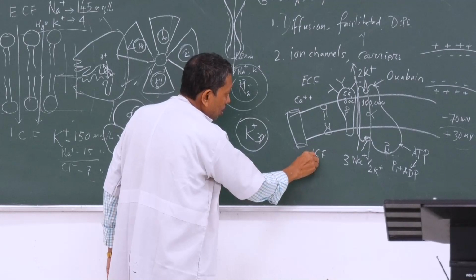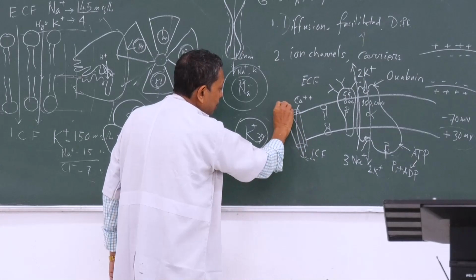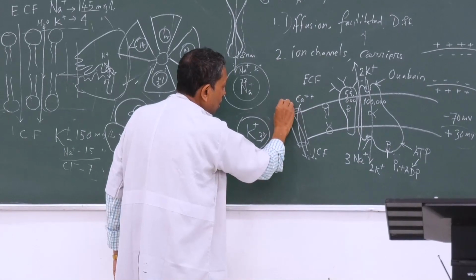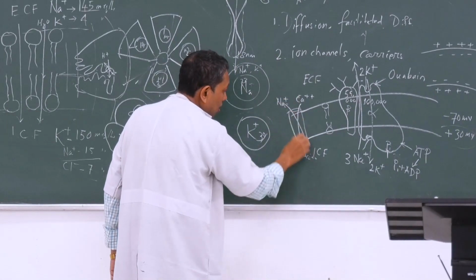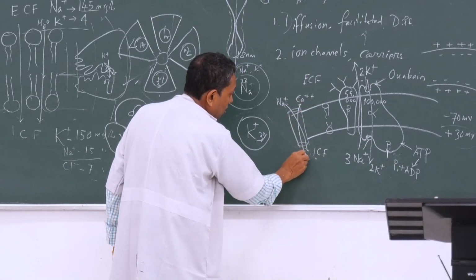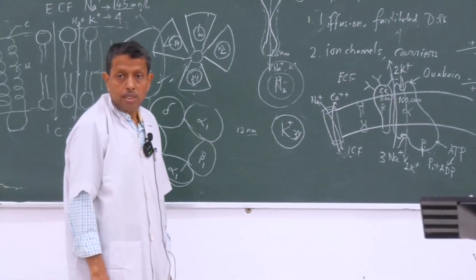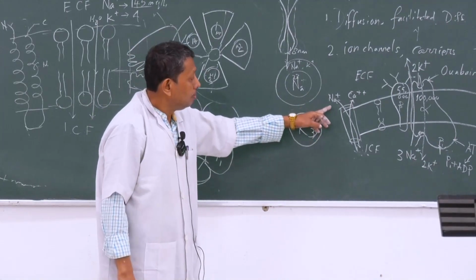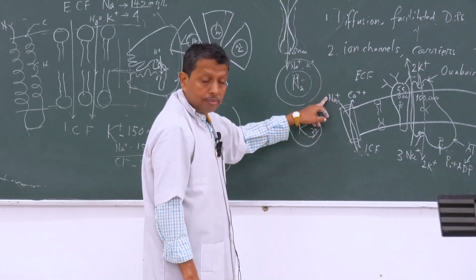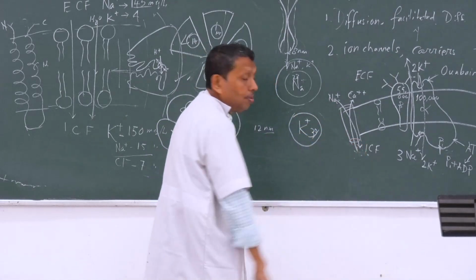So sodium ion will enter and calcium ion will come out, an exchange mechanism. Normally sodium ion goes outside, and sodium ion enters in exchange for calcium ion.